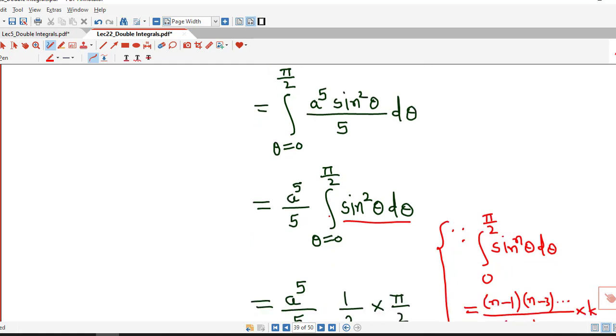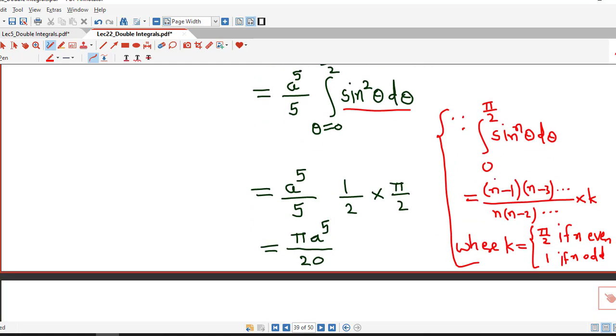So here we can use the reduction formula. We have discussed the reduction formula before this. Integral of sin raised to n theta d theta is given by n minus 1, n minus 3 and so on, over n, n minus 2 and so on, into k, where k is pi by 2 if n is even and 1 if n is odd. Here n equal to 2, which is even, so we consider pi by 2. Here we start with n minus 1, n is 2, so 2 minus 1 is 1.